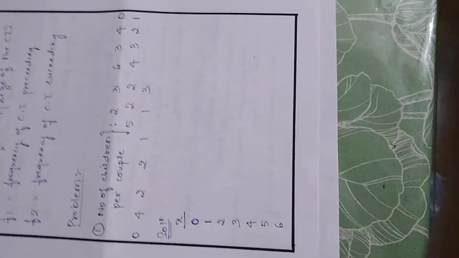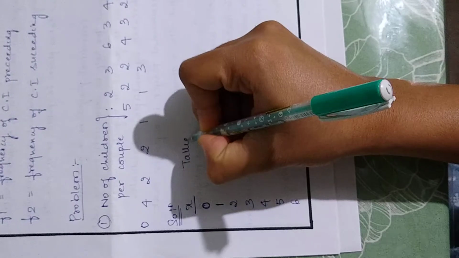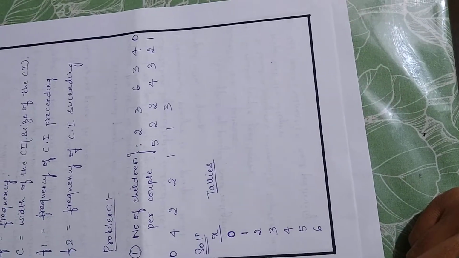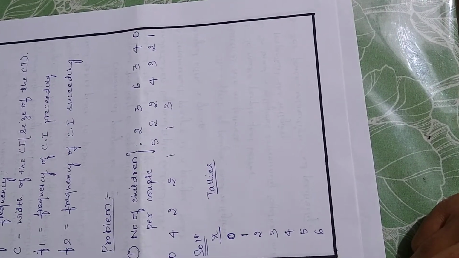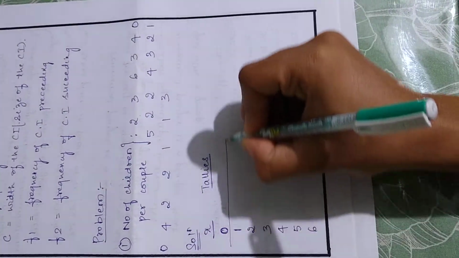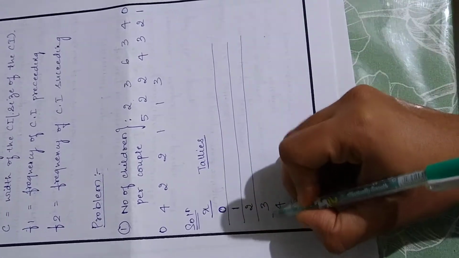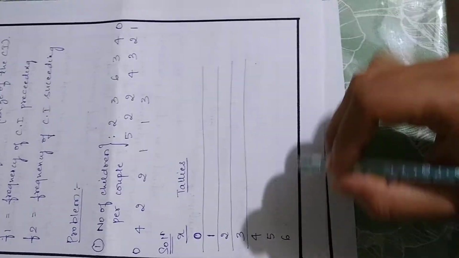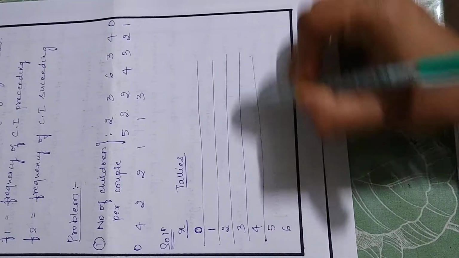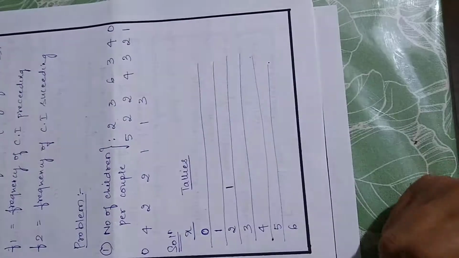So the next point is, you have to mark your tallies. Tallies is nothing but just marking it off. You can find 2 here, so under 2 you will just put a line.